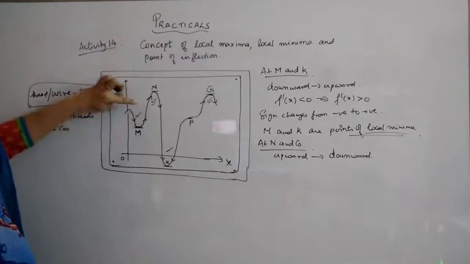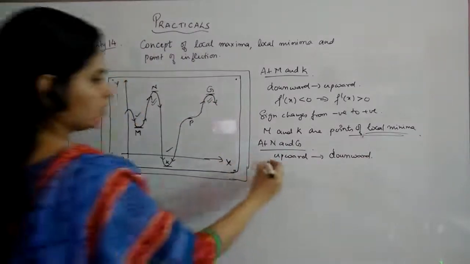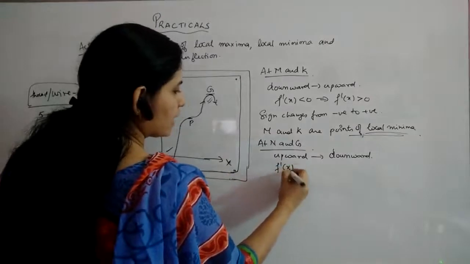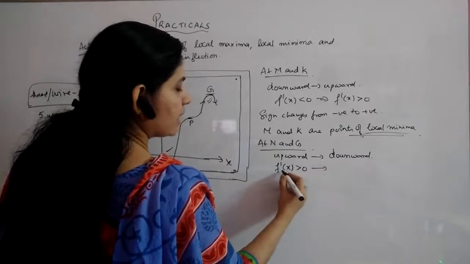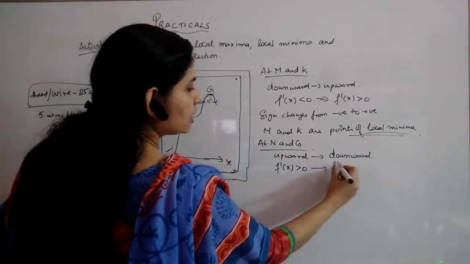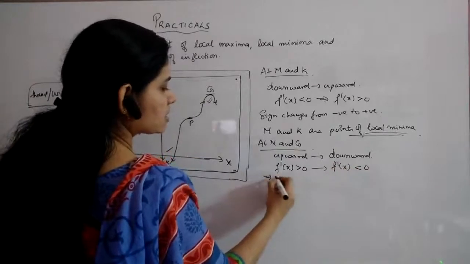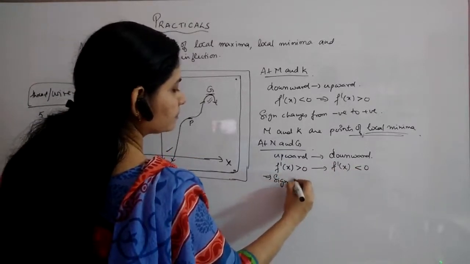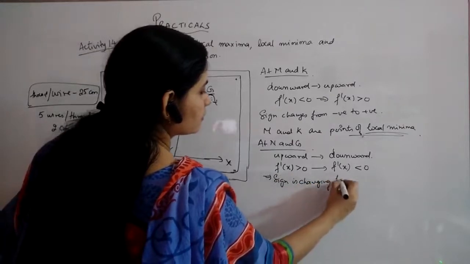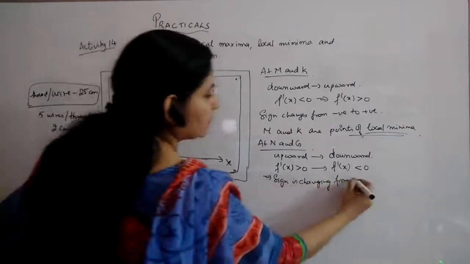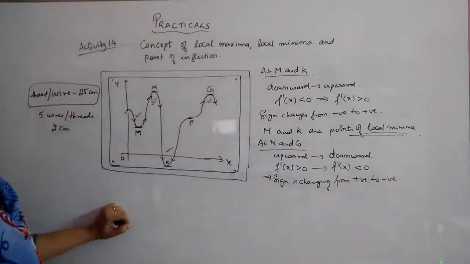What is happening to the sign of the derivative of the function? f dash of x upward means greater than 0, and it is moving from f dash of x greater than 0 to the derivative less than 0. That means the sign is changing from positive to negative.